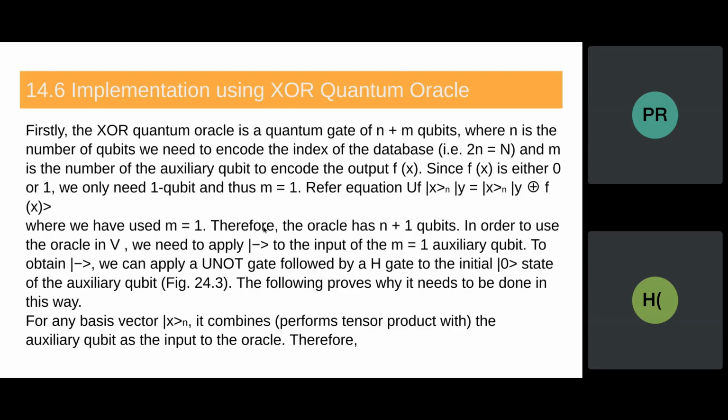So if you have 2 to the power 2, which is 4, then you need 3 qubits. For 3 qubits, 2 to the power 3 means 8, so it will be an 8 by 8 matrix. Obviously, depending on how we do it, n plus m is required.